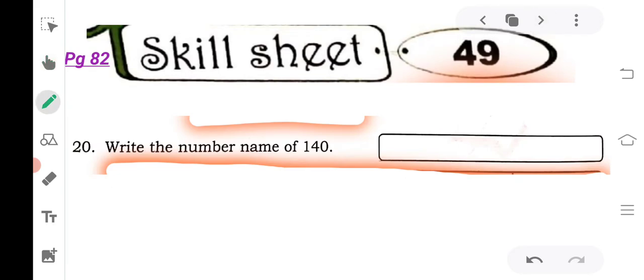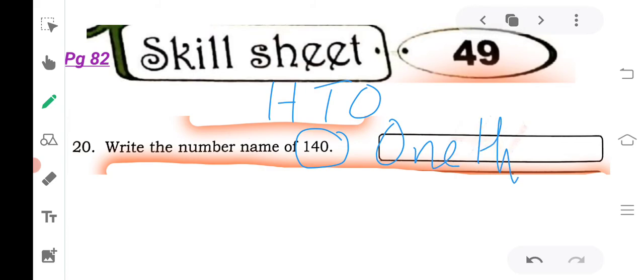Next. Skill sheet 49, page number 82. Write the number name of 140. Again, HTO. 1's place is 0, 10's place is 4 and 100's place is 1. So, 140 you will write. 100 I am writing here. Okay. I am writing below.